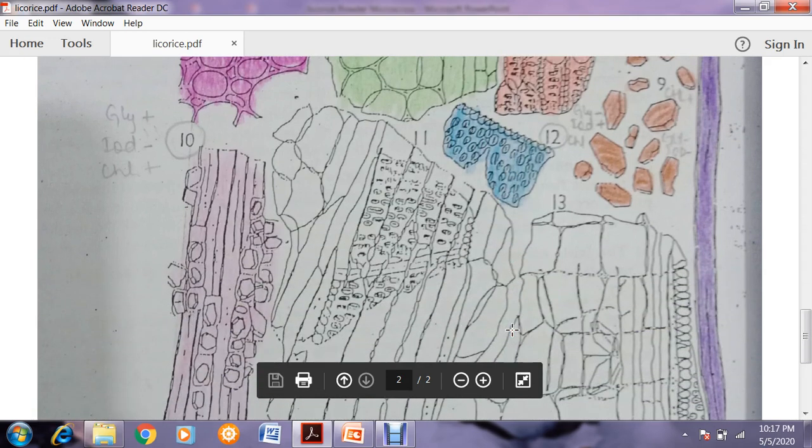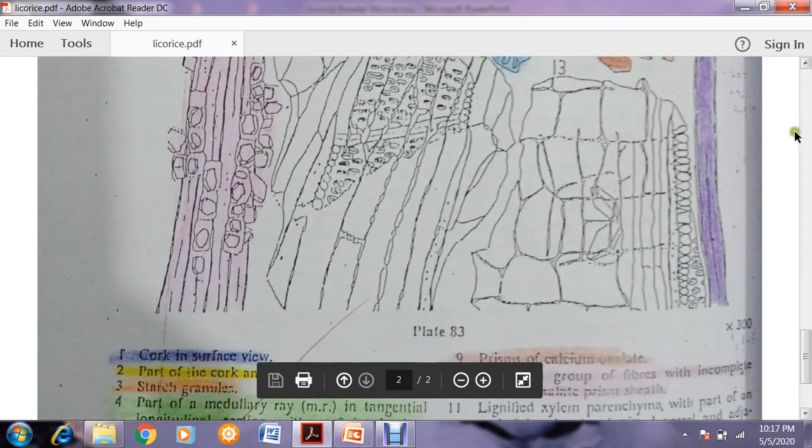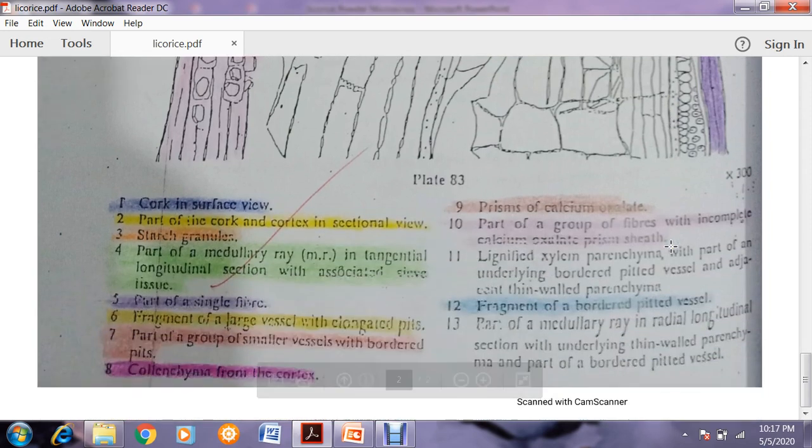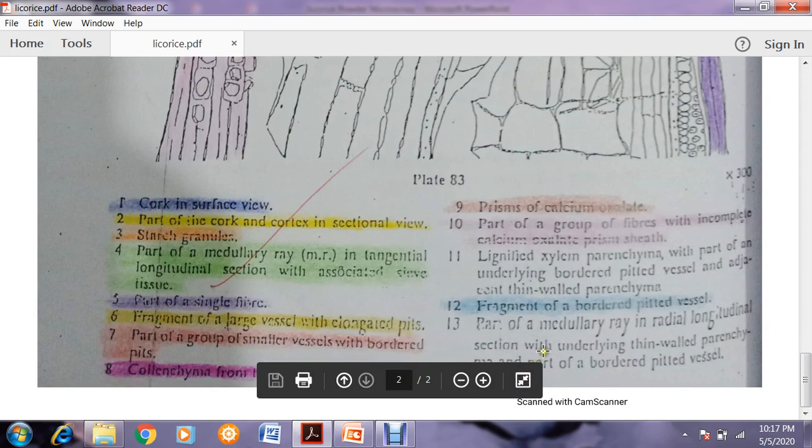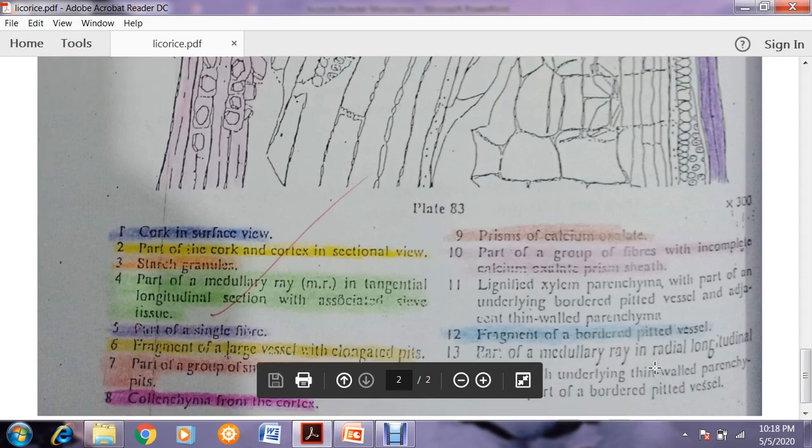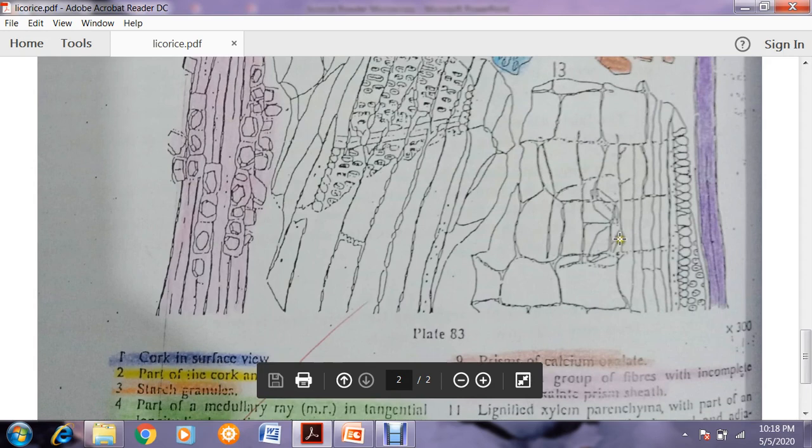Now the last, number 13, this structure: part of medullary ray in radial longitudinal section, medullary ray, underlying thin wall parenchyma and part of broad vessel. Medullary ray with parenchyma and pitted vessel.